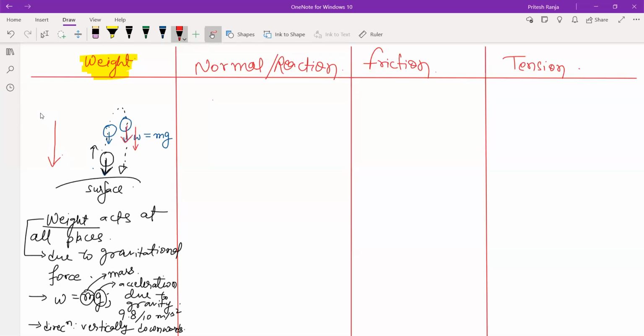So if the object comes down, that means the force is also acting in the downward direction, and that's why we take this direction of weight as vertically downward direction, right? I have mentioned here vertically downward direction. And yes, we have the expression to compute this weight as well, that is m times g. Apart from this, what other doubt you have?